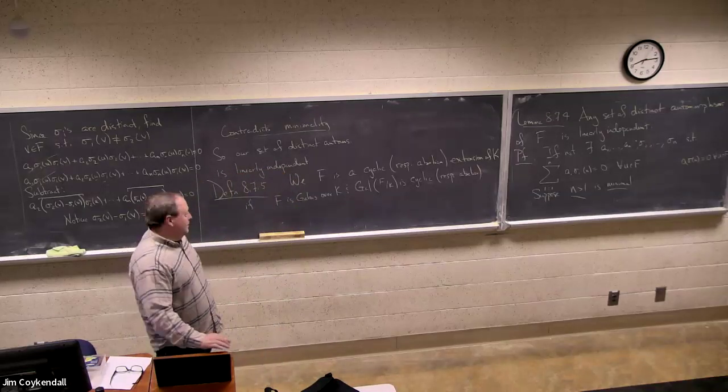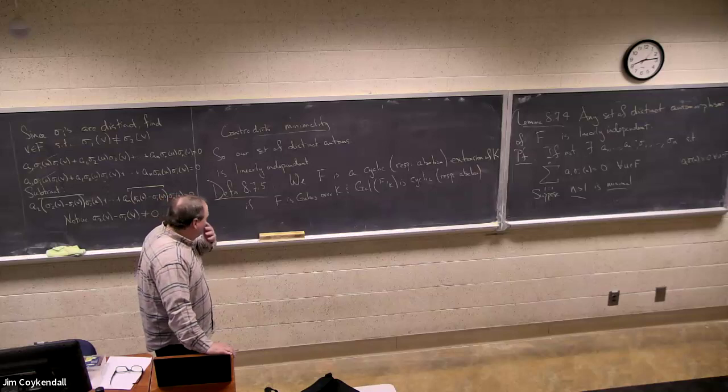I've given you this, but I'm going to formally write it down. So the cyclic or abelian modifier refers just to the Galois group.